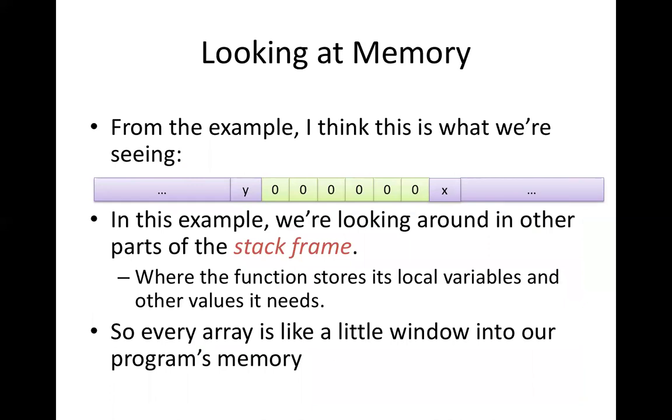What I tried to show on that previous slide is that if you've got an array with a particular number of elements and you index past that number of elements, you're really looking around at other parts of the memory where your program is stored.